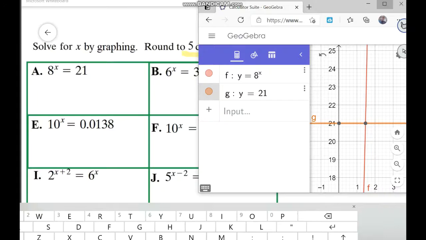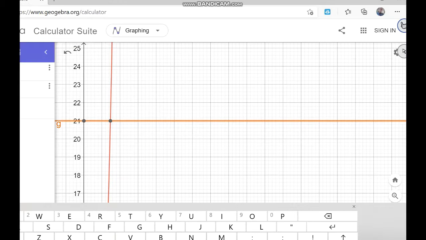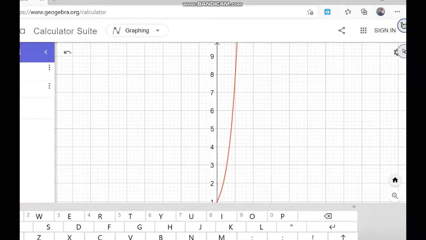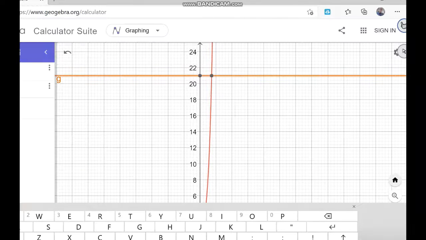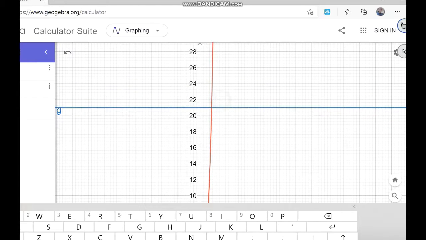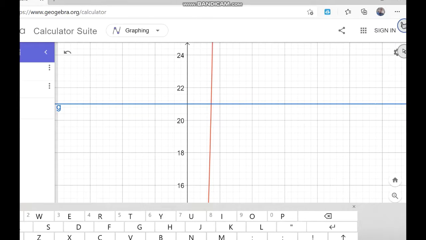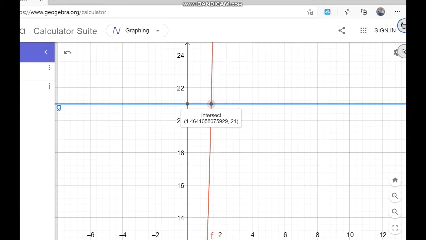Check this out. Let me expand, show everything. We have the red one, and let me change the color, this is the blue. The intersection between the red graph and the blue graph is this point. X equals 1.4641, and we have 0.5.